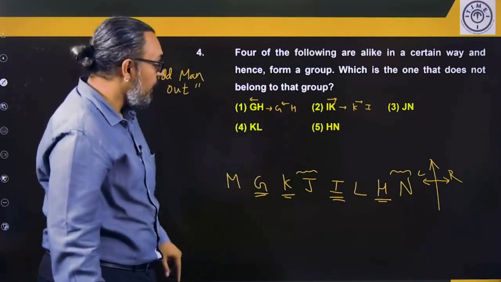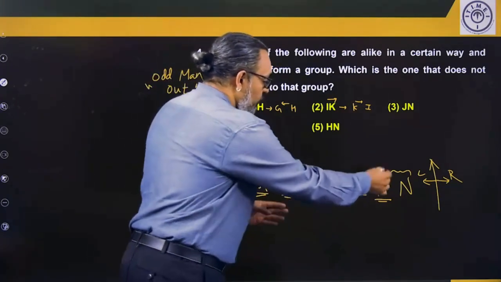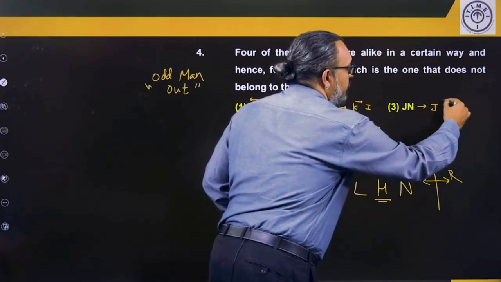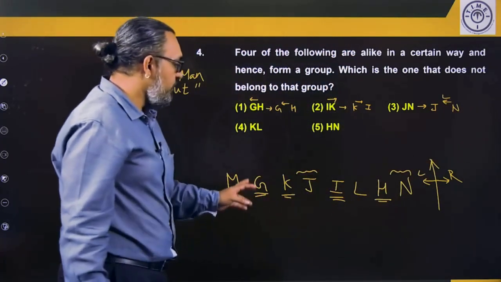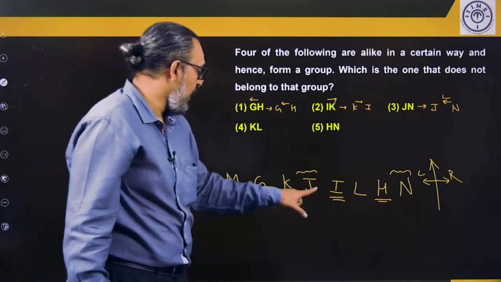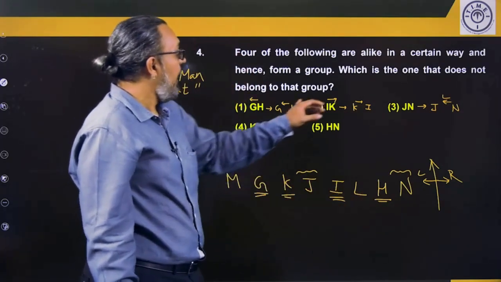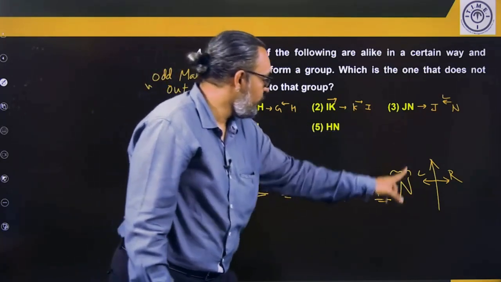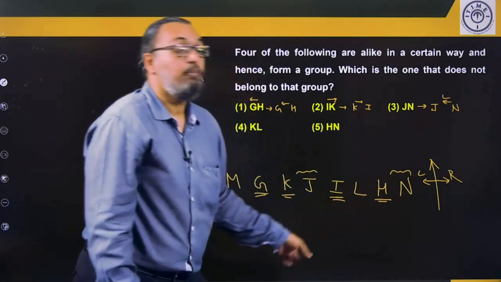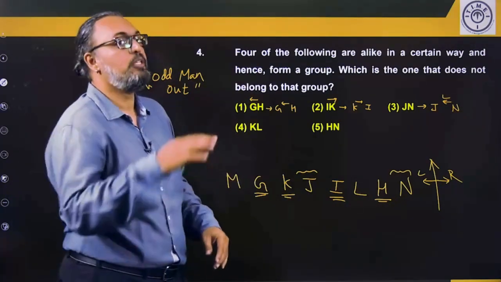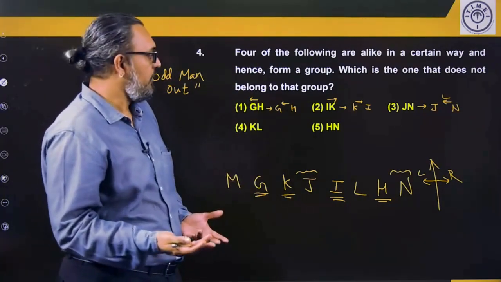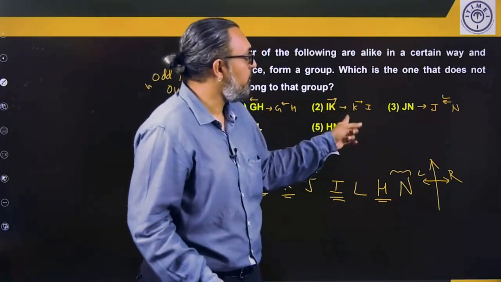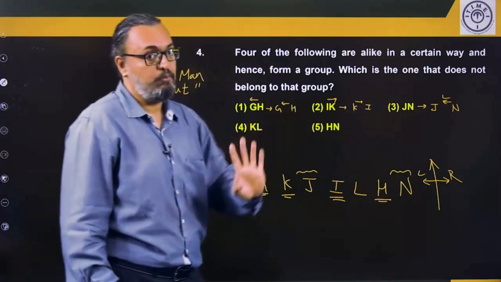Then J and N. Here you again have 3 persons, and J is on the left side of N. So, between G and H you had 4, and between I and K you had only 1, and between J and N you are getting 3 persons. So, it is not about the number of persons either, it is about the left and the right we have to check. Here the first person is left of the second person, here the first person is right of the second person, again here the first person is left of the second person.